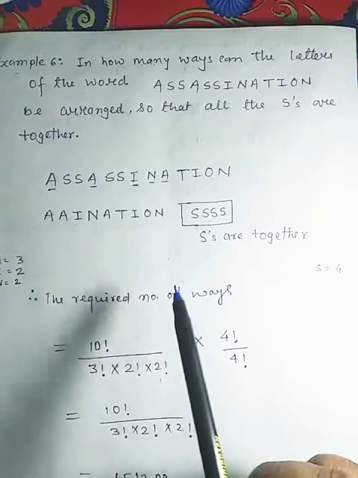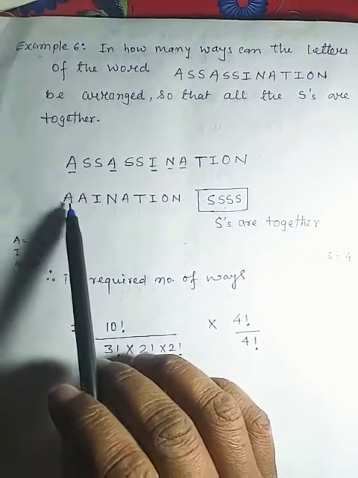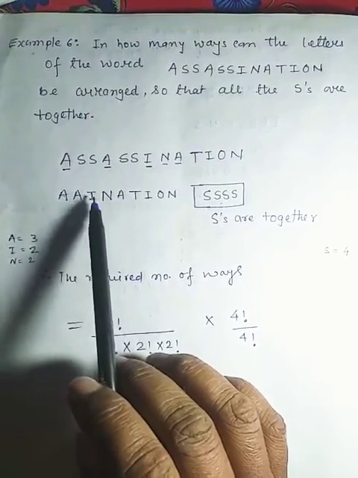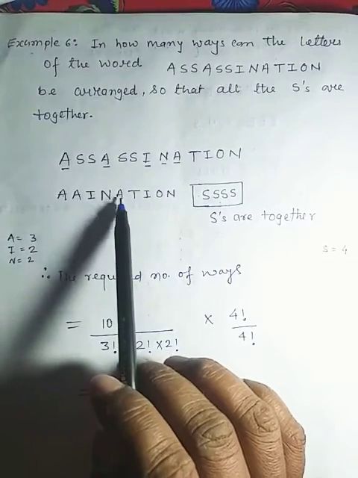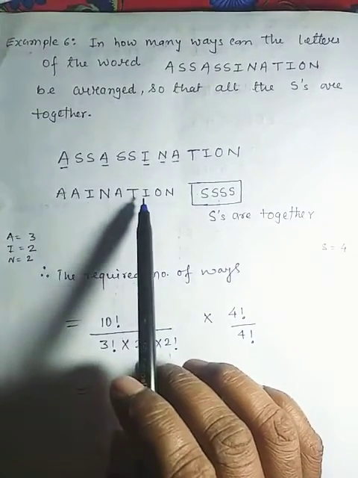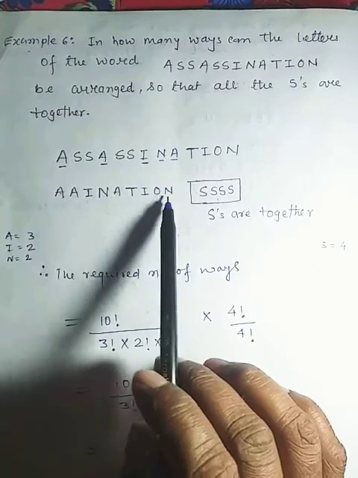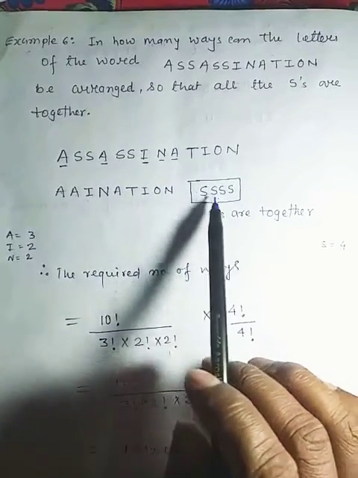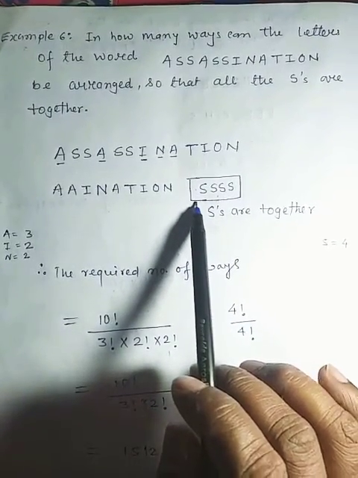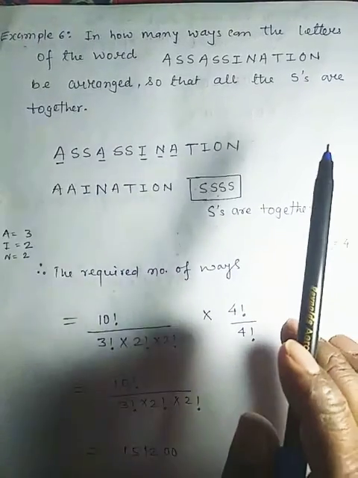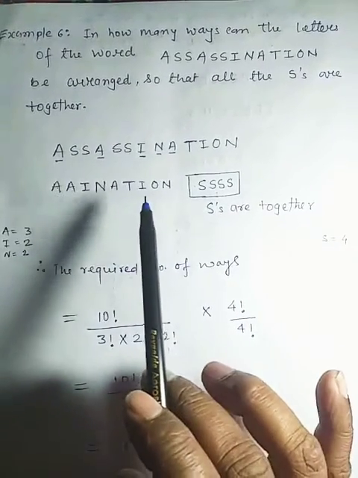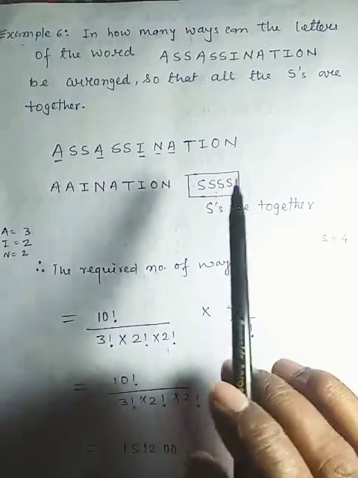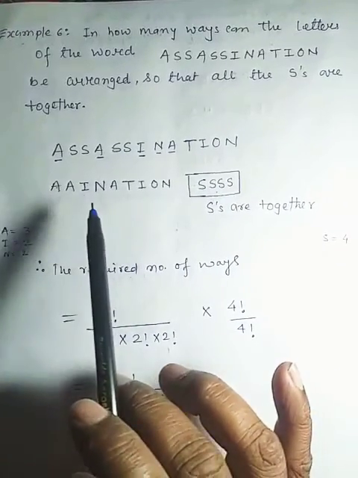Now we count this way: 1, 2, 3, 4, 5, 6, 7, 8, 9, and the whole bracket is counted as 1. For together, we count this way: whole bracket counts 1 and remaining letters.